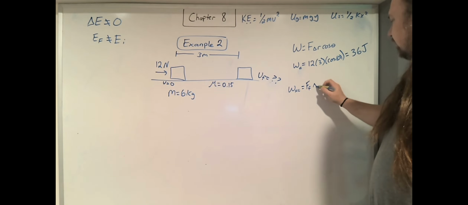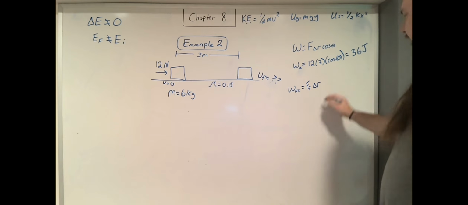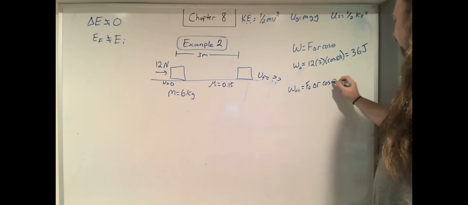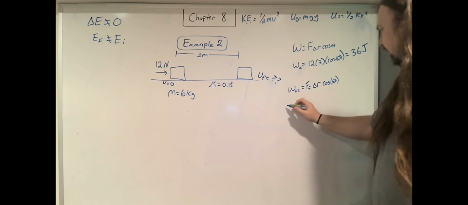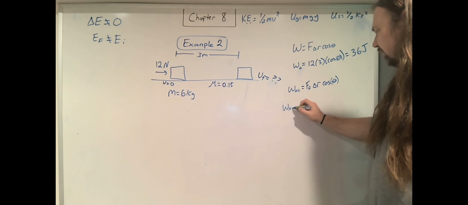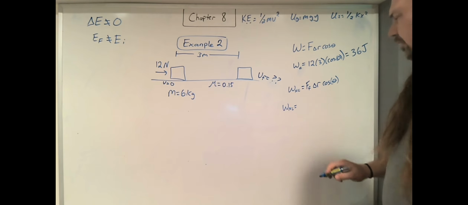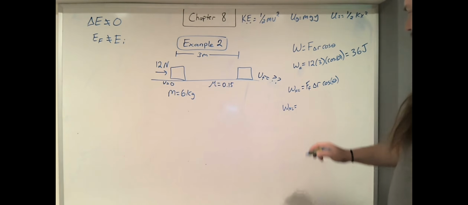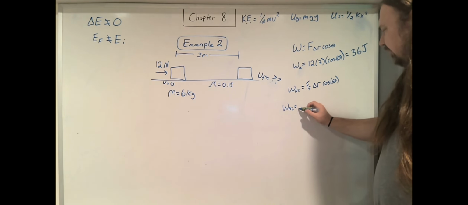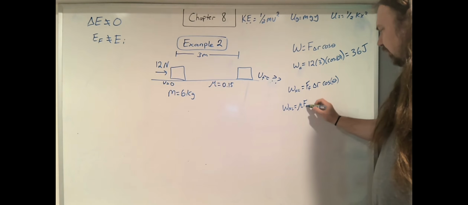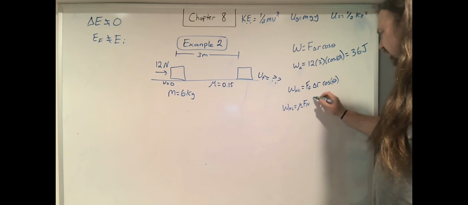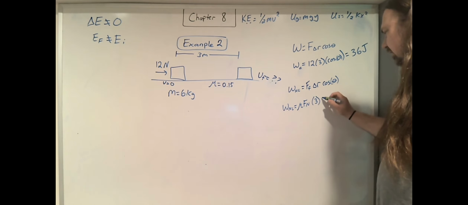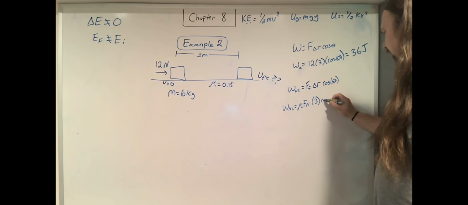That friction force also acts on it with a delta r and cosine of theta. So let me see what that is. So W_NC. Friction force. What is friction force? Well, we have an equation for it. It's mu times the normal force times the change in r. What's the change in r? 3.